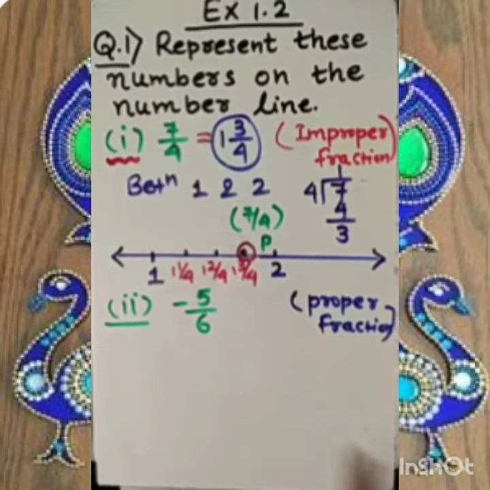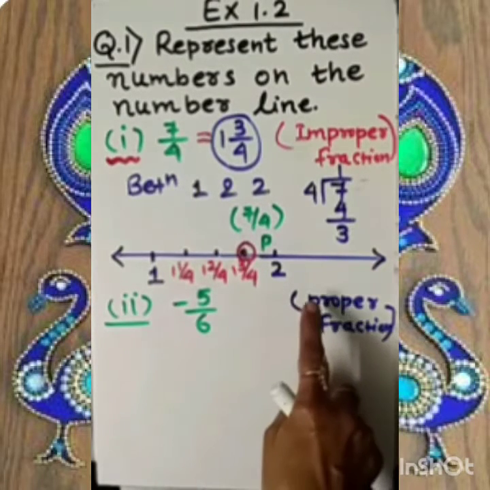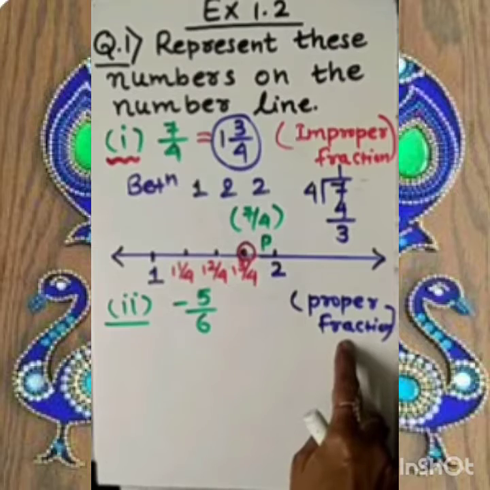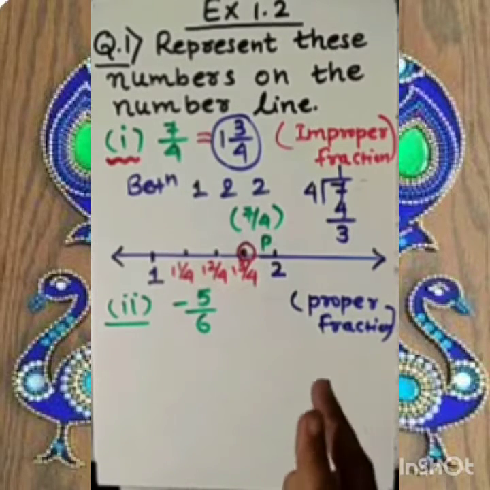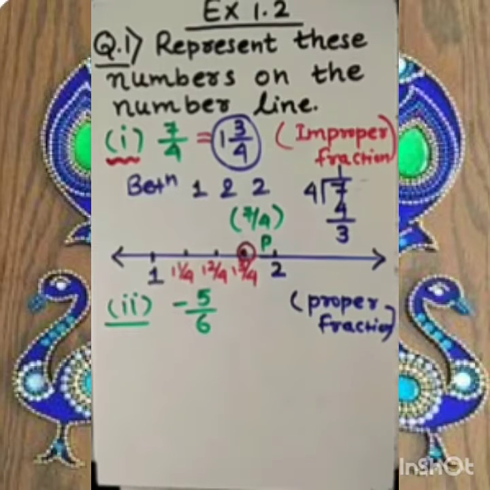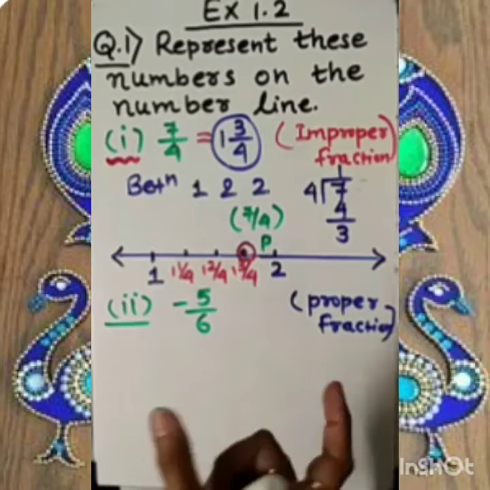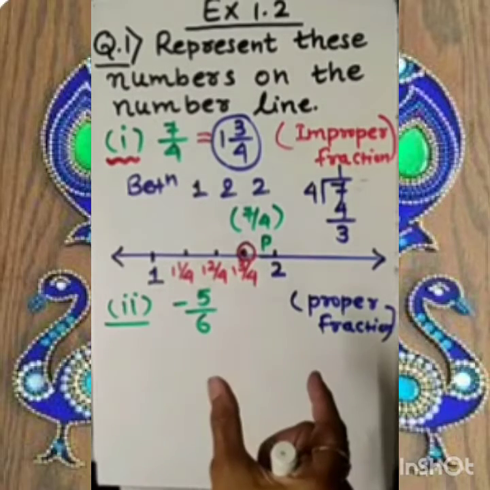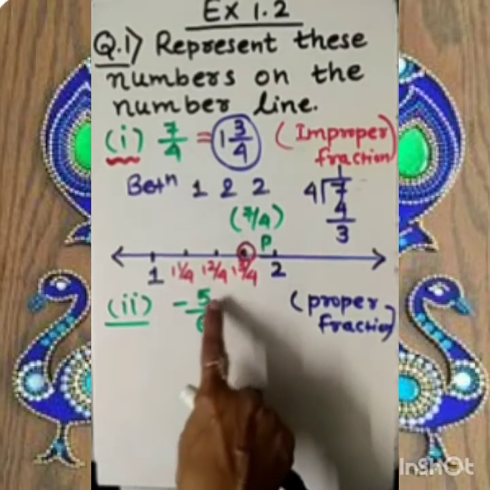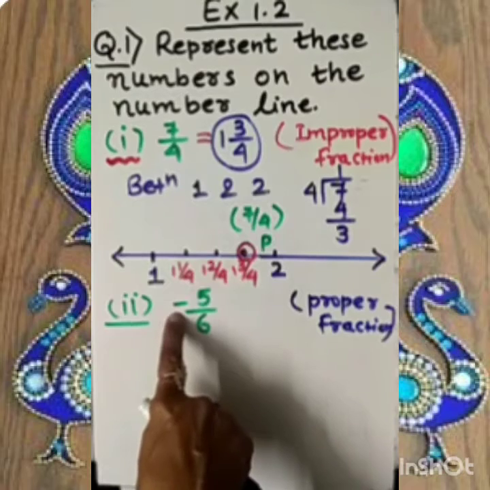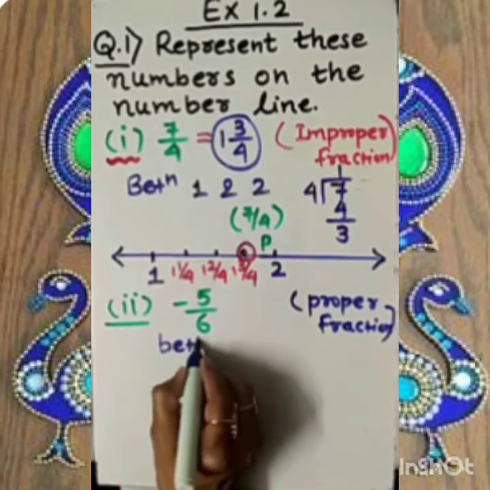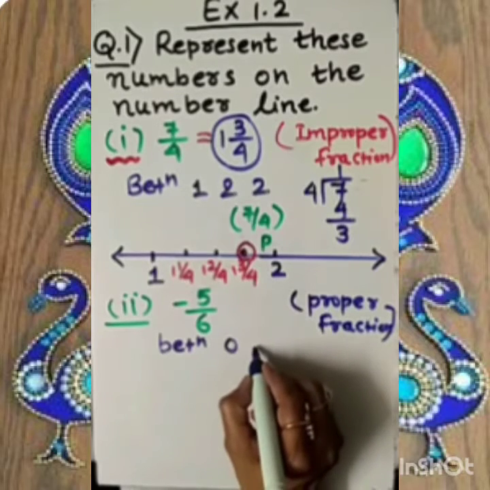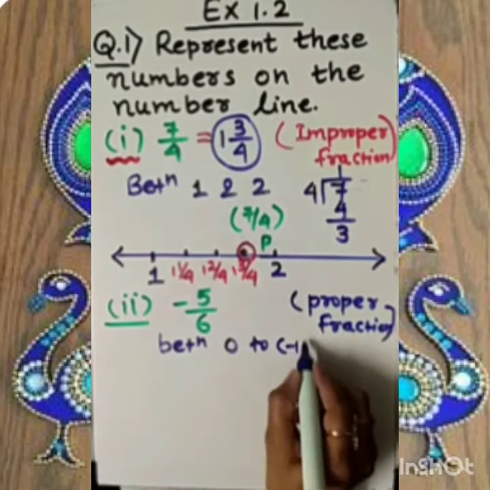The reason is that each and every proper fraction, if it is positive, has a value that always lies between 0 and 1. But dear student, here it is negative, so its value will lie between 0 and minus 1.